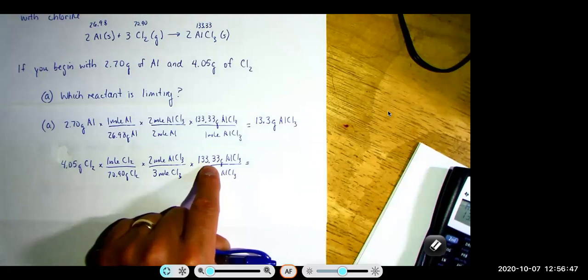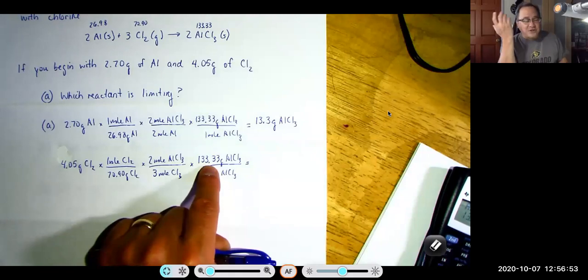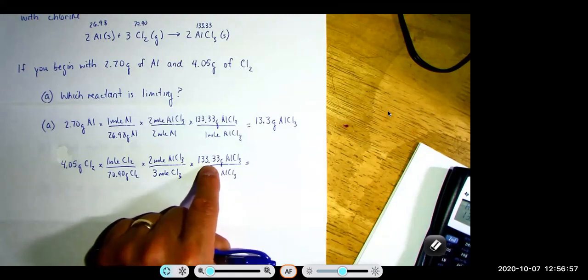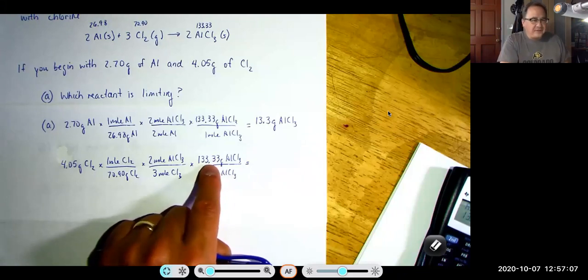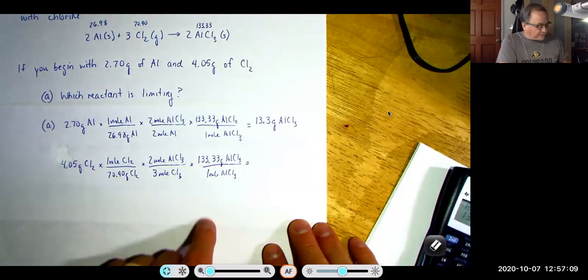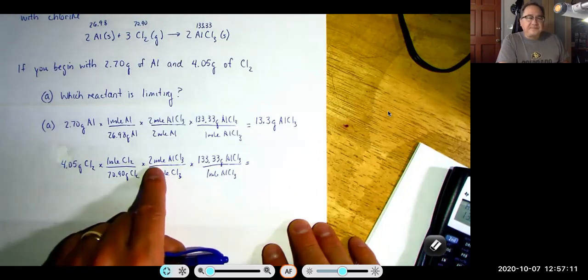Well, only once with a lot left over. But it'll almost go into it twice. It's really close. This needs to be 140 or 142 for it to be twice. So let's say twice. What's 2 times 2? 4.